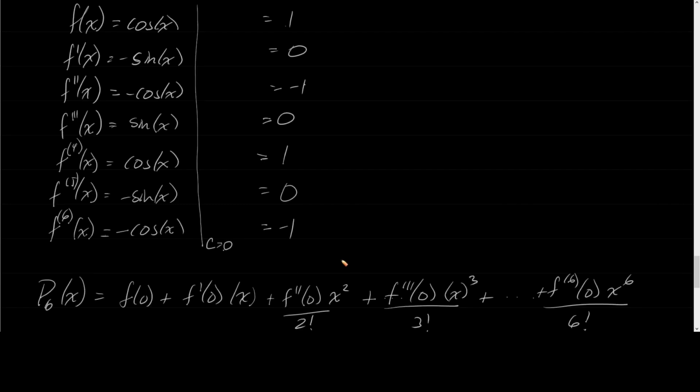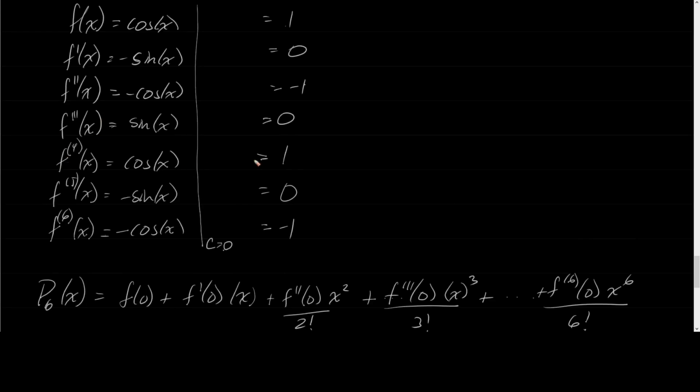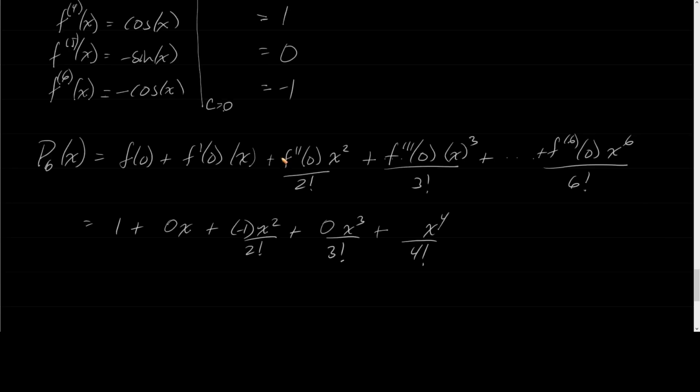But what was the third derivative? 0. Plus the next one, the fourth derivative times x to the 4 over 4 factorial. And what was the fourth derivative? 1. So plus the fifth derivative times x to the 5th over 5 factorial. And the fifth derivative was 0. Plus the sixth derivative times x to the 6 over 6 factorial. And the sixth derivative was negative 1.